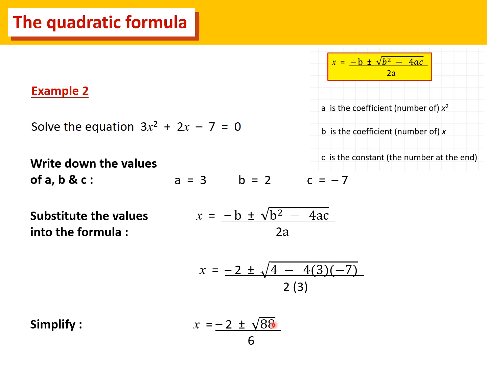So let's see where we get 88 from. 4 times 3 is 12, times negative 7 is negative 84, and I'm subtracting that, so subtracting negative 84 is the same as adding 84, and I'm adding 84 to that 4, and that's where I get my 88 from. And then that will separate out into those two separate answers.